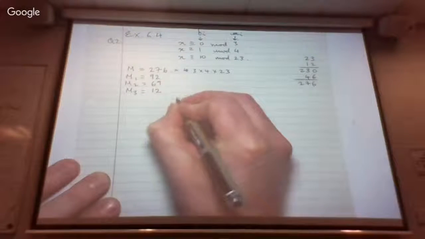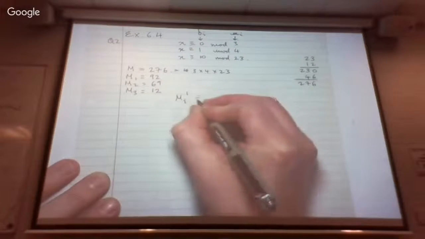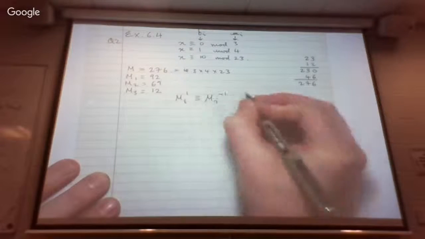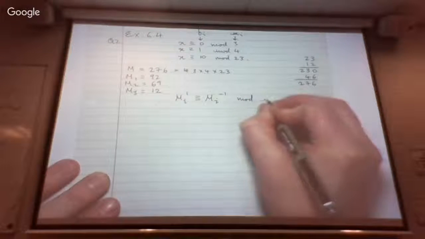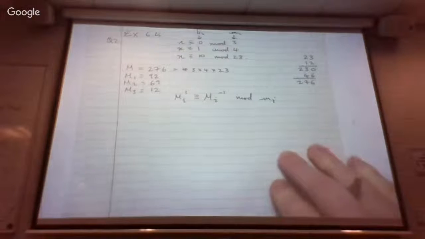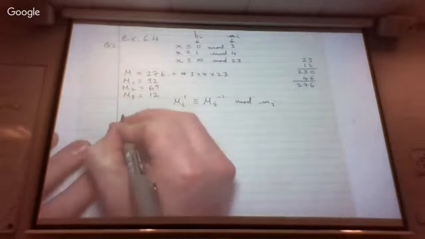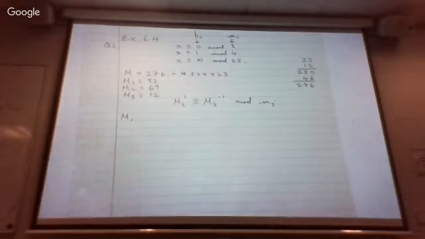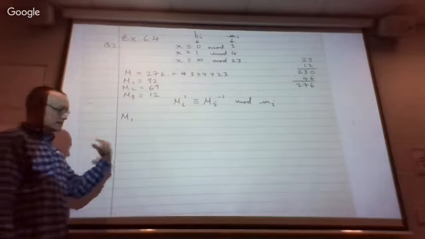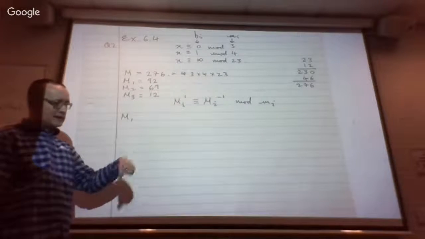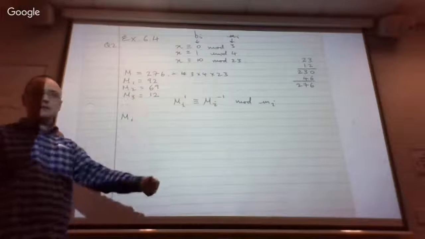And then remember, capital M_i prime is the inverse of capital M_i modulo the little m_i. So we want to get each of these. Actually, when you look at how the solution x is constructed, we construct x as the sum of all the terms b_i times M_i times capital M_i prime.